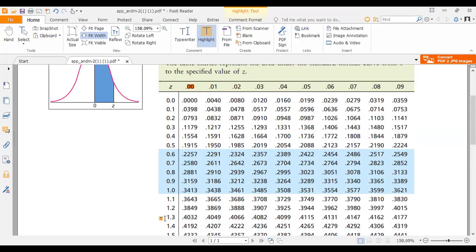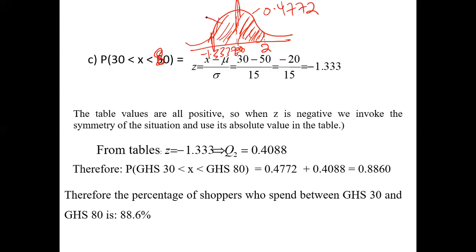So 1.3 is the first decimal place, then the next 3 is the second. If you look at how the two of them intersect, you have 0.4082. So in essence, this aspect of the curve is 0.4088.